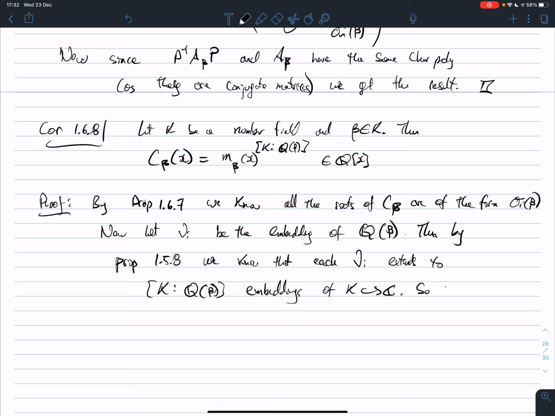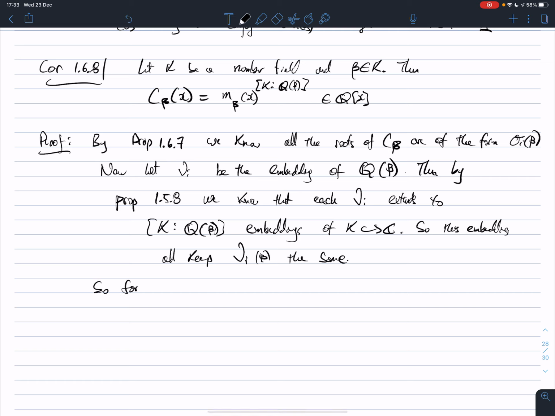So these embeddings all keep eta i of beta the same, because this is what it means to extend an embedding.